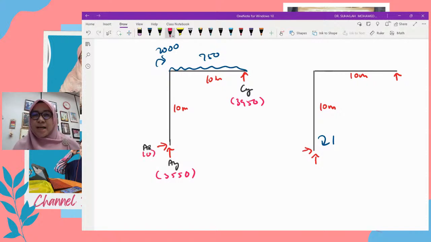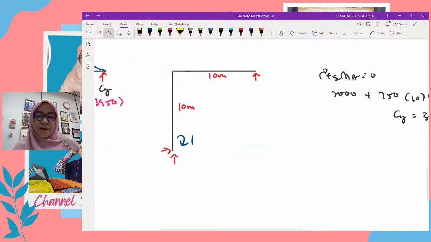So this is actually the reaction in the primary frame. Okay, we move to the redundant frame.